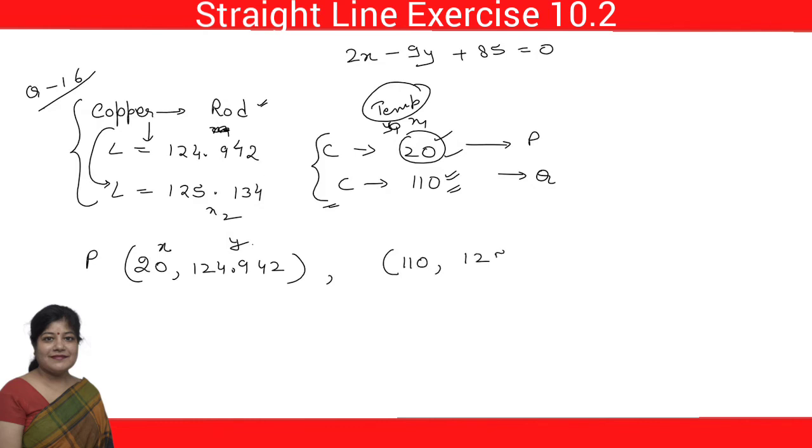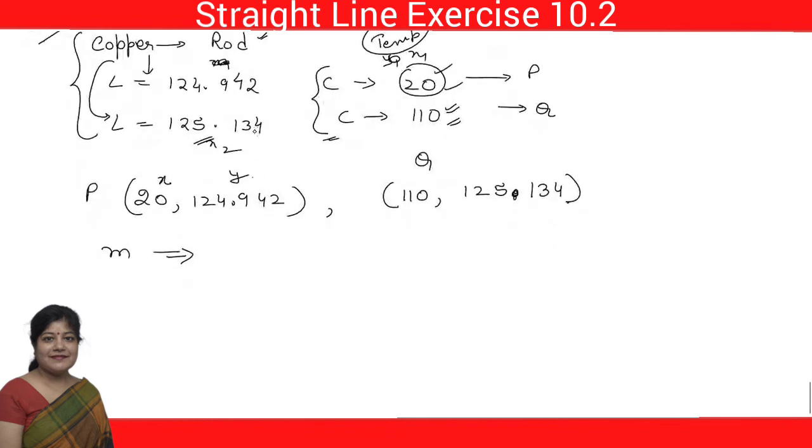This is the main point. If anybody asks you why I have chosen this as x, this is the reason: we have chosen the independent values as x. Now find the slope using 2 points. So this is y2, this is x2, y1, x1.